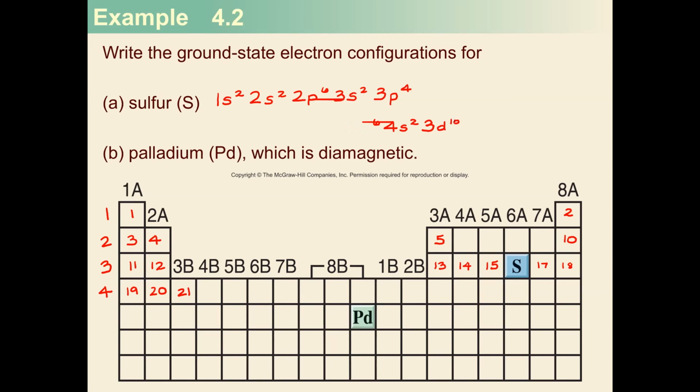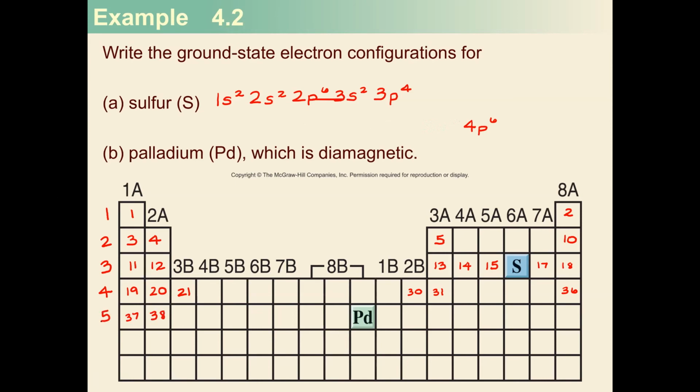Once I get through all of those electrons, getting me up to 30, I now need electrons 31 through 36. Well, that is back in the 4p subshell, so that is going to be 4p6.